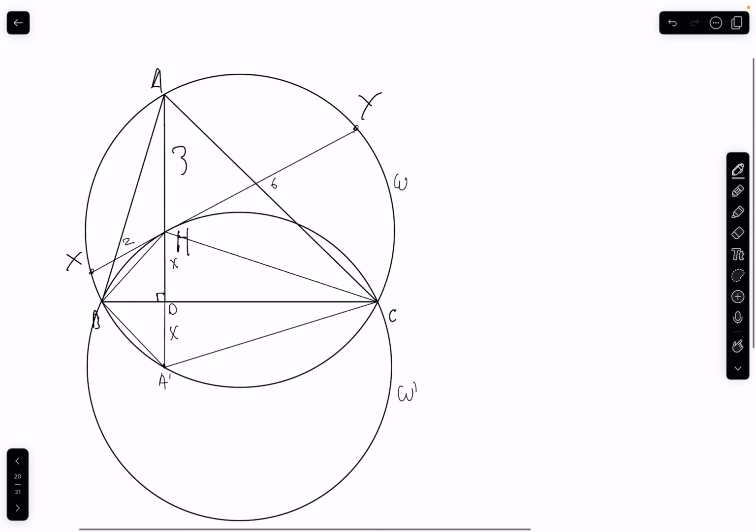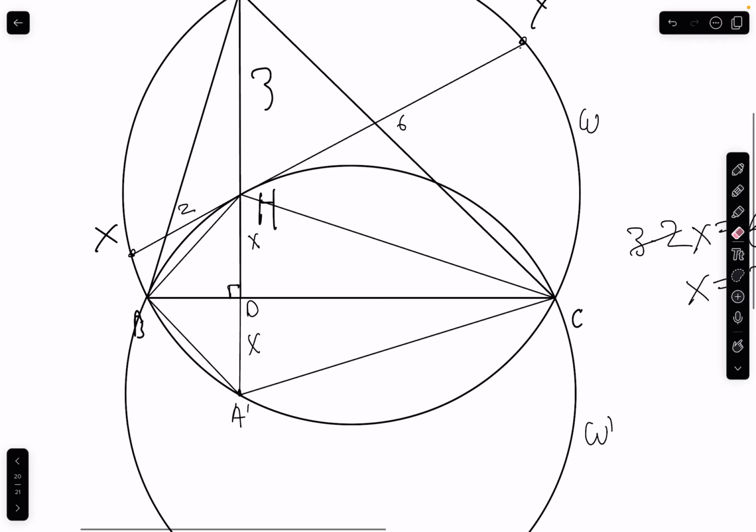Now by power of a point, we know that AH times HA prime, so that's 3 times 2x, is equal to HY times HX, 6 times 2, which means x is equal to 2, right? So now we can replace this here. We have 2 and 2.